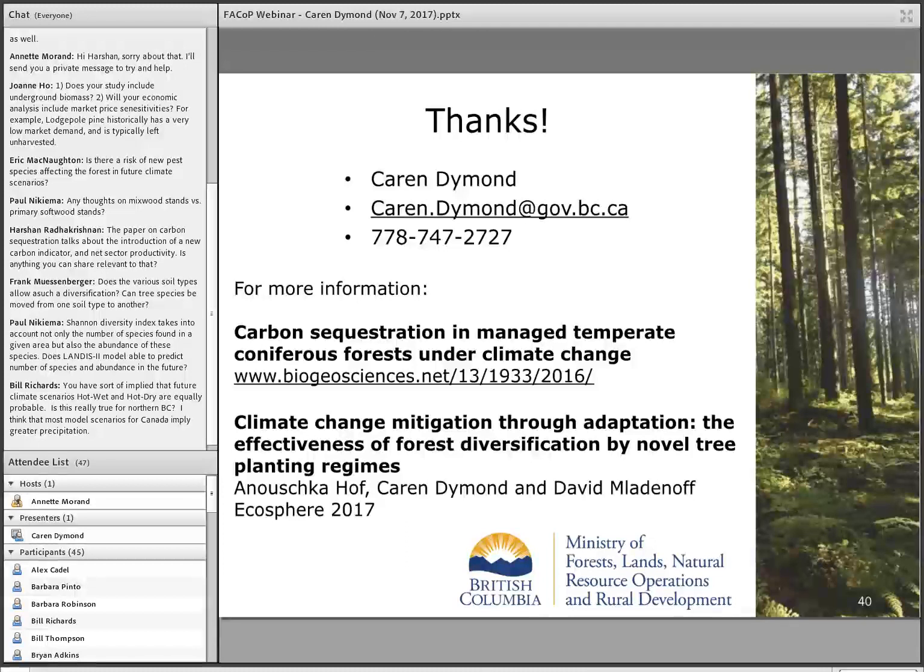Well, then you have very different fire dynamics, for example. I guess what we're trying to communicate is that we can't necessarily wait to change our forest management practices until we can predict the future, because there's just too many risks. So let's start changing our forest management practices to a more resilient approach so that we're ready no matter what the future brings. Perfect. Thanks, Caren.